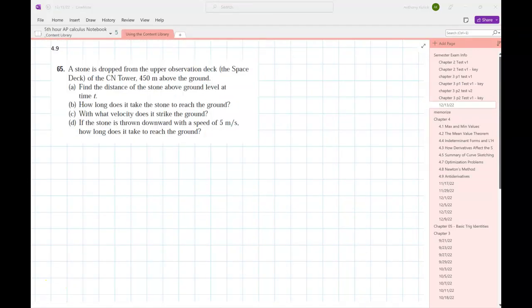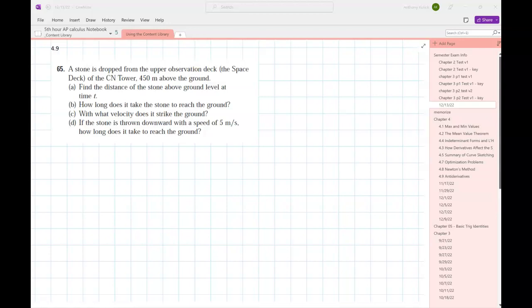This problem is 4.9, number 65. So it says a stone is dropped from the upper observation deck of the CN Tower, 450 meters above the ground. Find the distance of the stone above the ground level at time t.